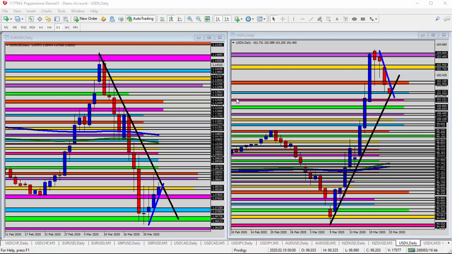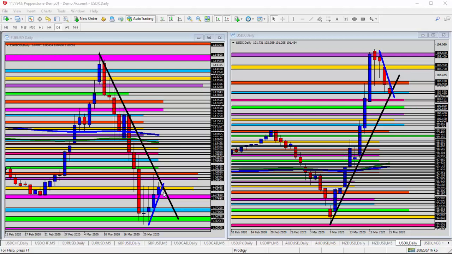Then you look at the left-hand side, that's the euro dollar, and you have a very similar situation. The long-term downtrend goes all the way from the 1.1480 or so level at the top of the trend down to the green zone, 1.0650 or so, at the bottom of the green shaded area at the bottom of the chart. Since then, it's been moving back higher over the past 3 or 4 days. We've seen a rebound, retracement, correction, whatever you want to call it, pushing back into the 1.0825 top of the yellow shaded area.